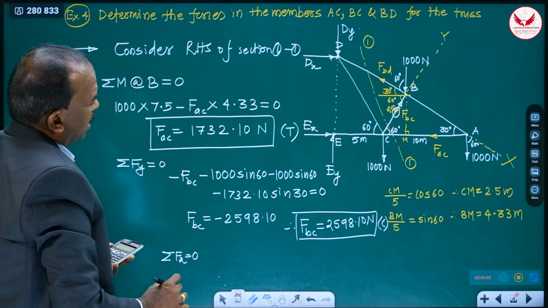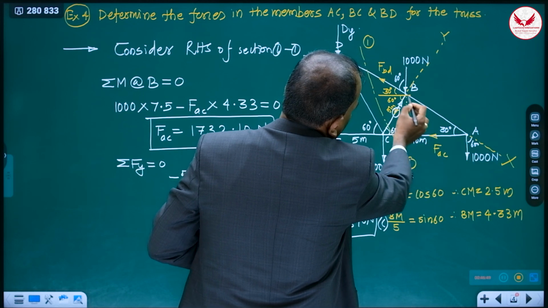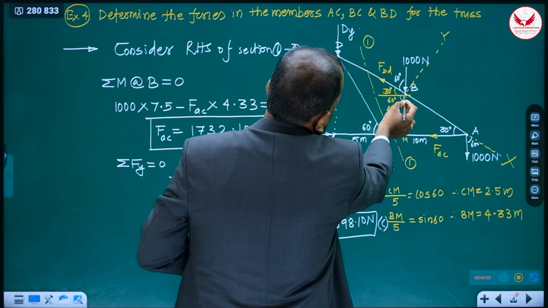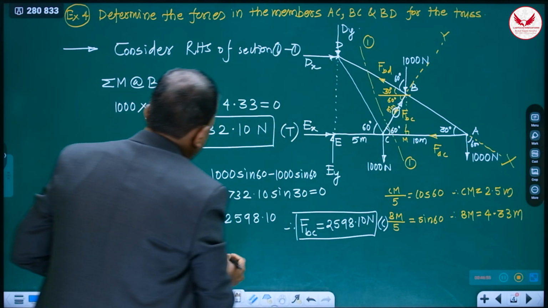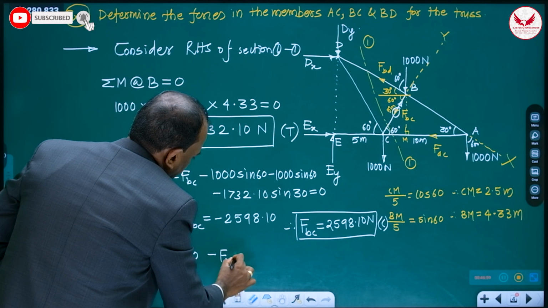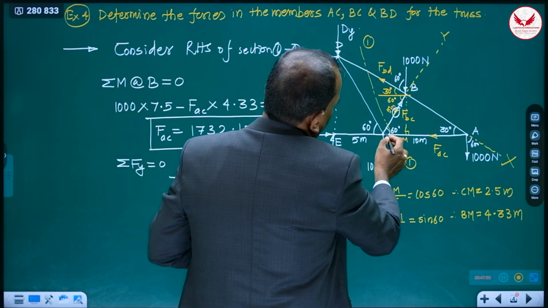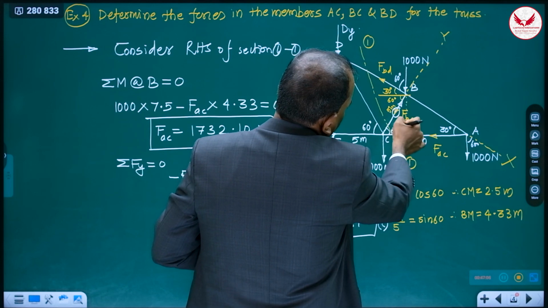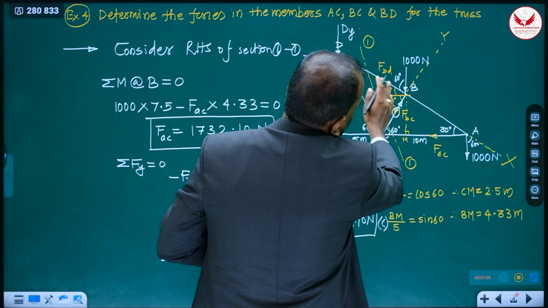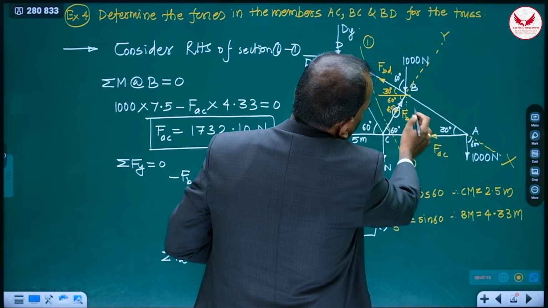For summation Fx, see, this is the x direction. If we consider this is positive, let us consider this is negative. It is negative, means minus FBD. Then see that it is perpendicular to it, no need to consider this in Fx, but it is towards right, and it is towards left.